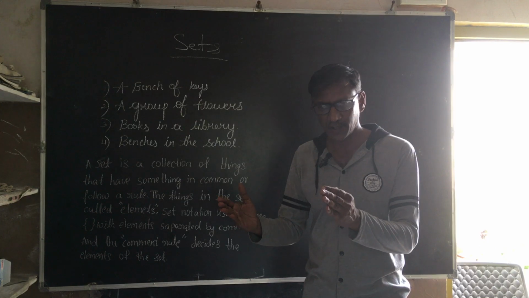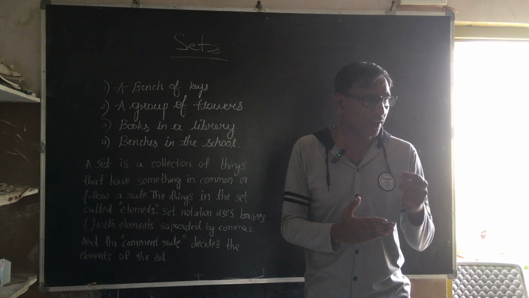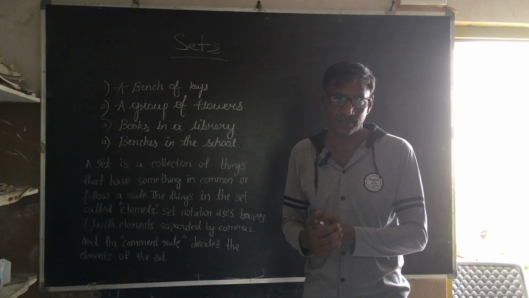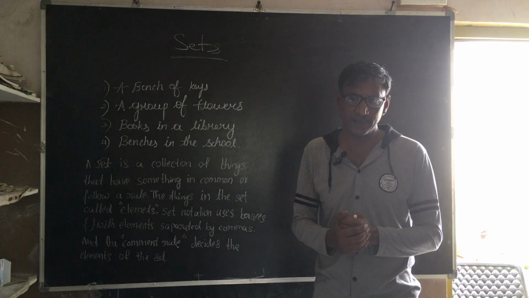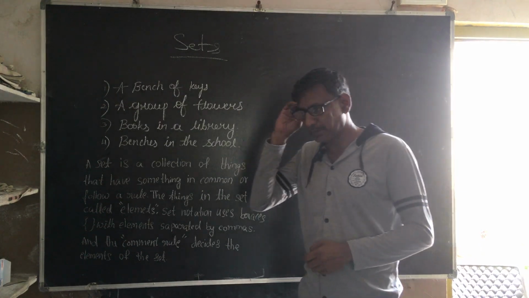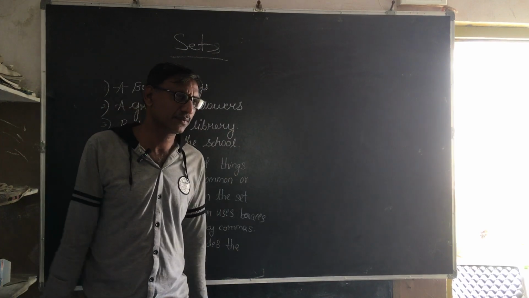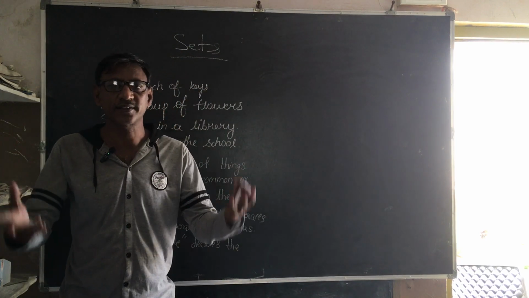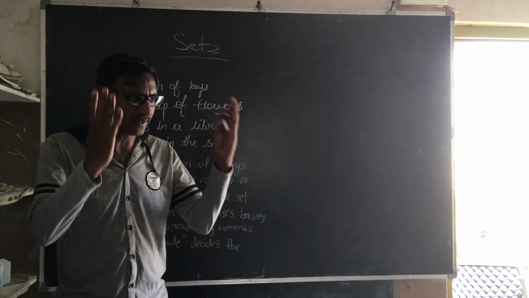Is it a set or not? Why do you call them students? Students come to school to learn. They have some common property. They are learners, right? Similarly, you can give so many examples. A group of stars in the sky is called a set.